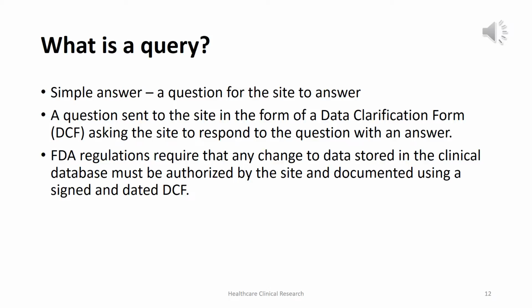If we're using a paper study and all of that's being done by the sponsor, then we have to have this signed data clarification form that authorizes that change. So it's very important that we understand the audit trail necessary to validate that the data is indeed accurate and correct.